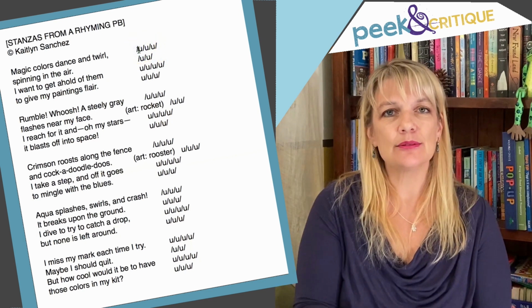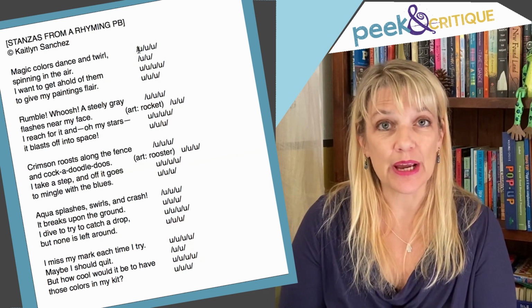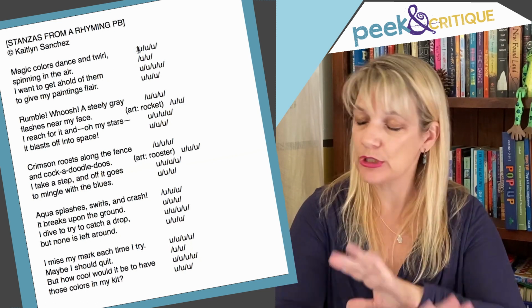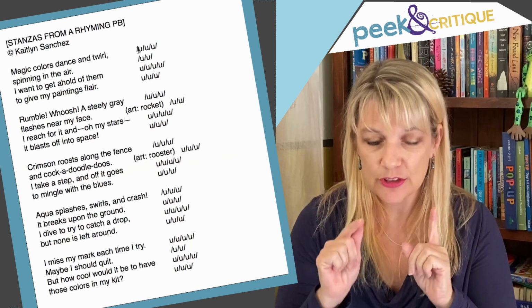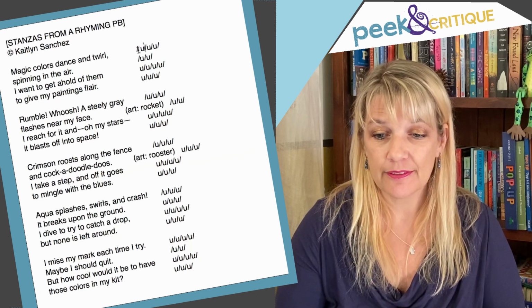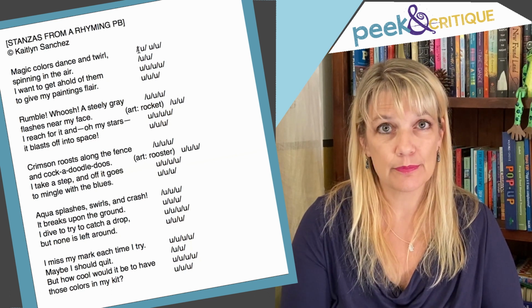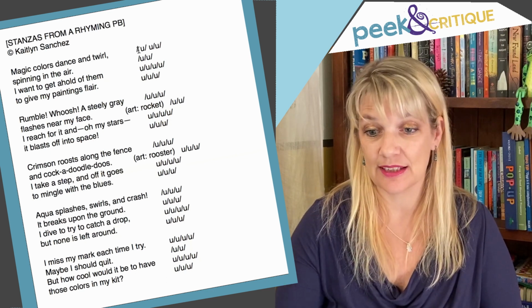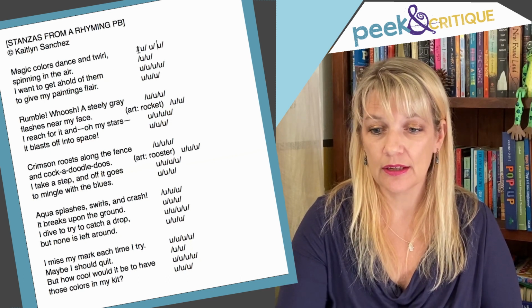So in this case, how many feet do we have? A foot is also counted by how many stressed beats. Don't be counting unstressed beats. Stressed beats. So our first foot is that one all by itself. Then we have another foot, because an iamb is unstressed, stressed. It's just two little things, right? Unless it's headless, in which case it's one.